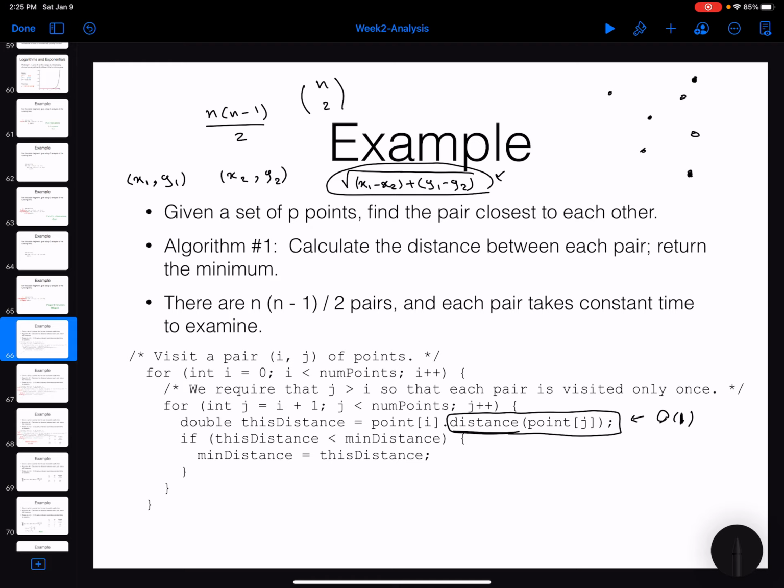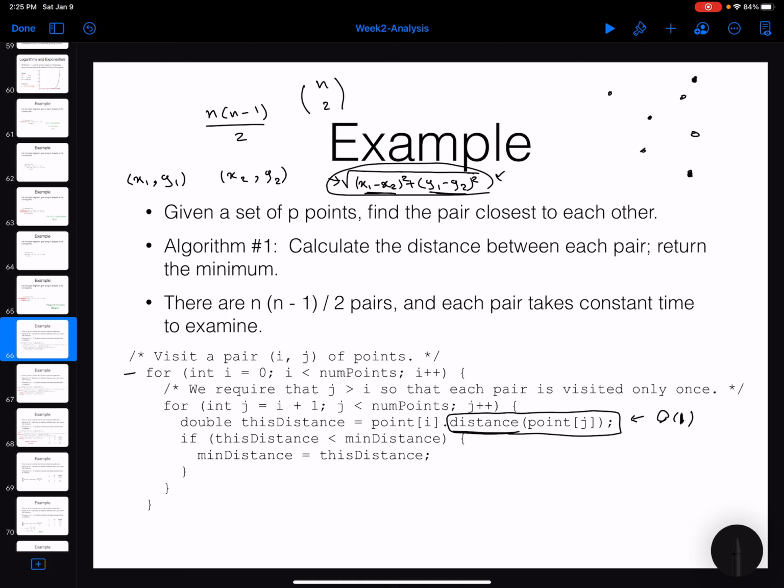The reason is that you are just subtracting x1 from x2, multiplying it by itself, calculating the power of 2 of that, the same for this one, and then calculating the square root. These are all arithmetic expressions, so the whole amount of time to execute the distance between 2 points is going to be constant.